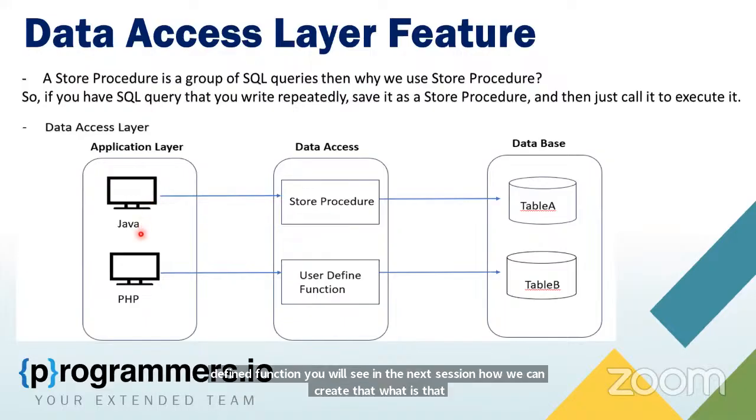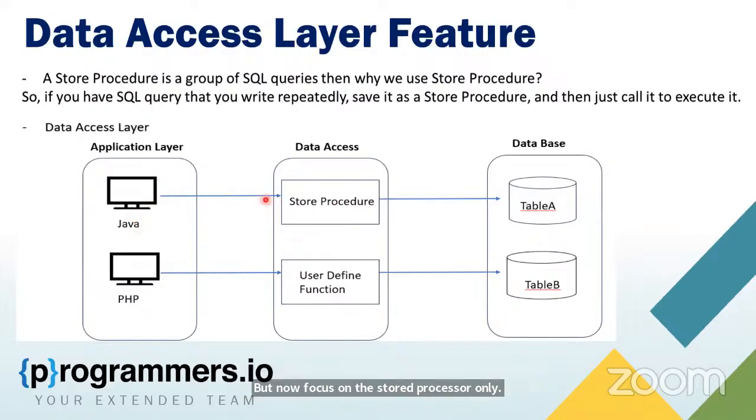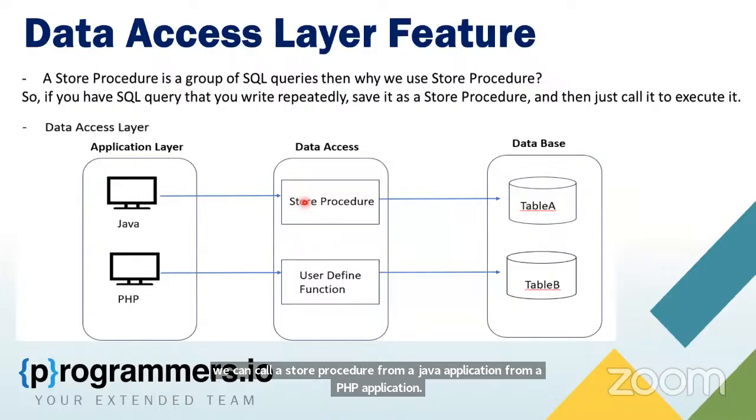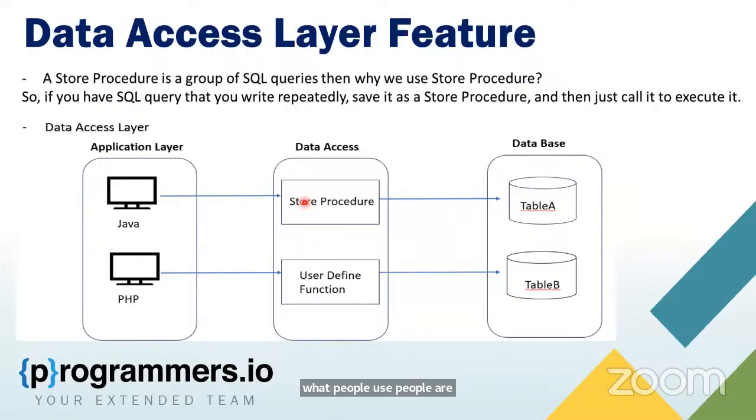So we can call a stored procedure from a Java application or a PHP application. What are people using? People are using embedded SQL queries. What is an embedded SQL query? People are using the query directly in the Java application and PHP application. If they want to use update, delete, or select, they are just using it there.